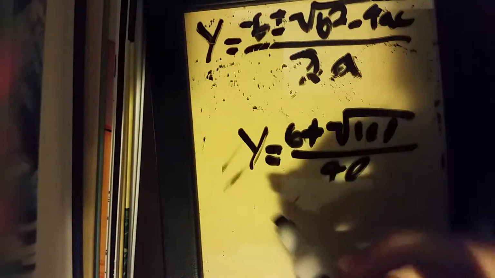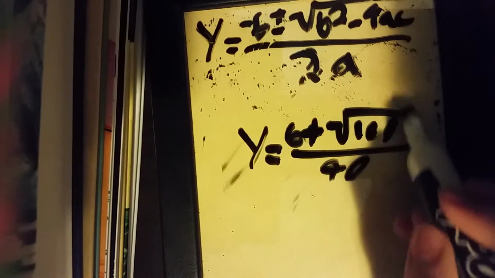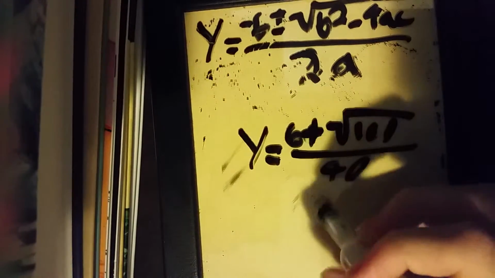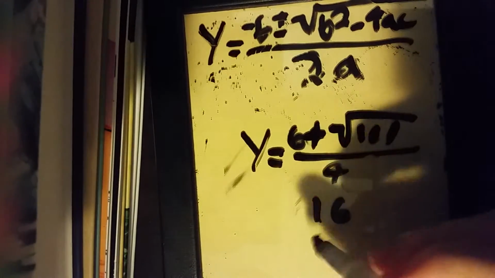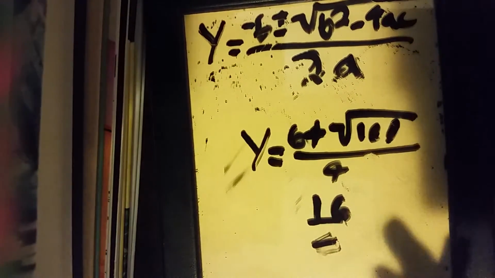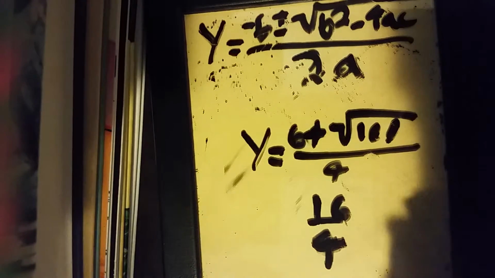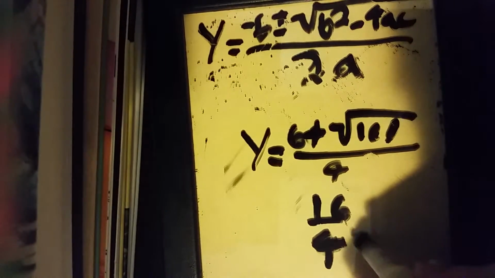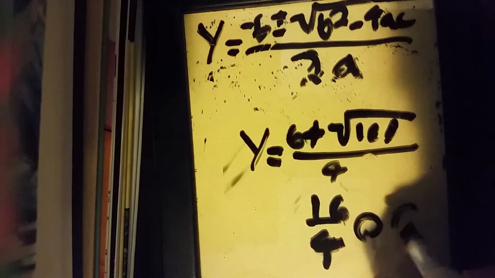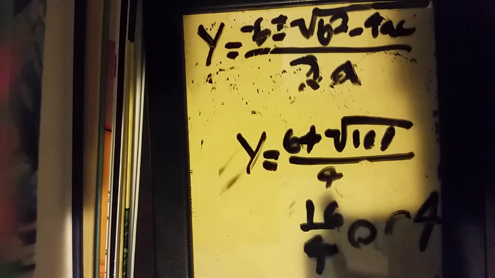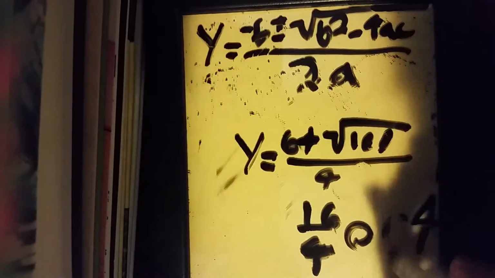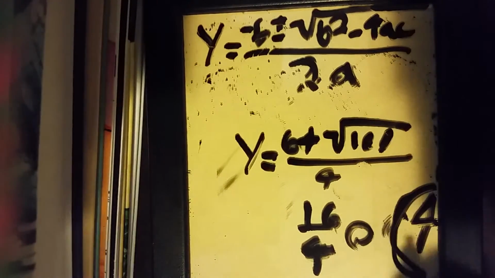So then we can continue down. This would end up being 10, and 10 plus 6 is 16. That's not 40. It would be 16 over 4. And then 16 over 4 would be 4. So this would be one of your answers.